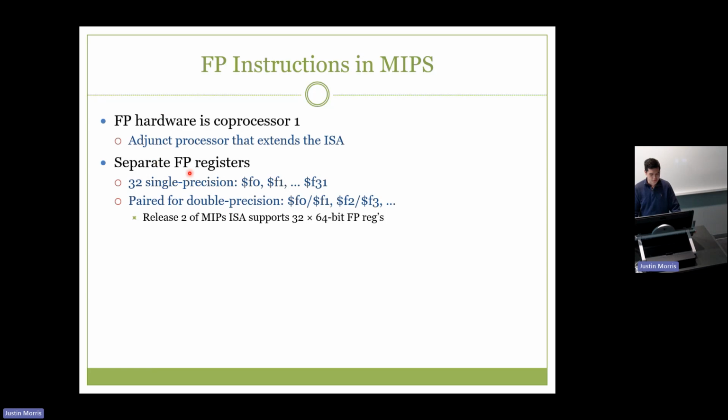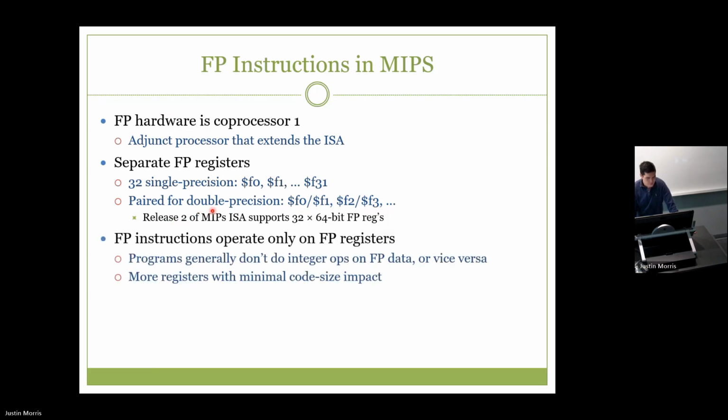There are separate floating point registers. They're 32 bits, single precision, are these ones. And then to get double precision, you pair them together. So the first 2 go together, the next 2 go together. Floating point instructions operate only on the floating point registers.